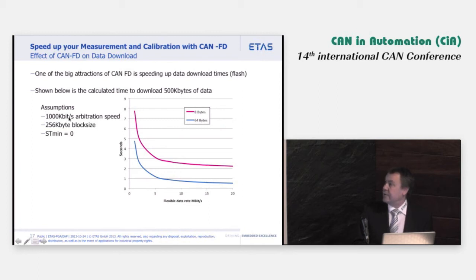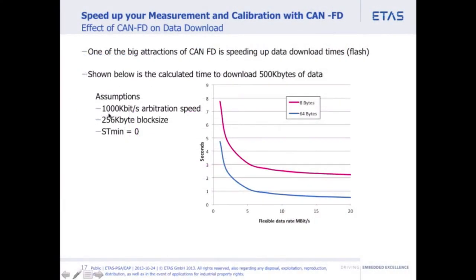I've assumed that I'm downloading 500 kilobytes of data with a 1,000 kilobit per second arbitration speed and a block size of 255. The block size means how many messages I can send before I get acknowledged from the ECU. It means I reduce the amount of traffic. And the ST-min is a separation between the CAN messages. I set that to 0.